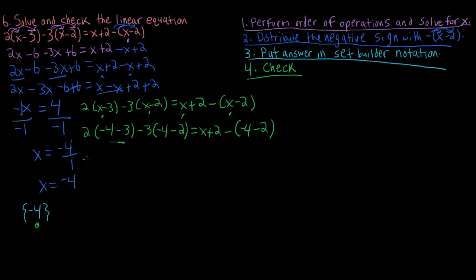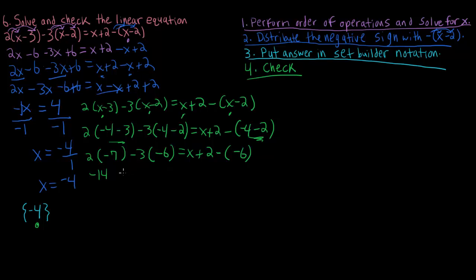So start with the parentheses. Negative 4 minus 3 is negative 7. Stay with the parentheses. Negative 4 minus 2 is negative 6 equals x plus 2 minus, let's stick in the parentheses, negative 6. 2 times negative 7 is negative 14.